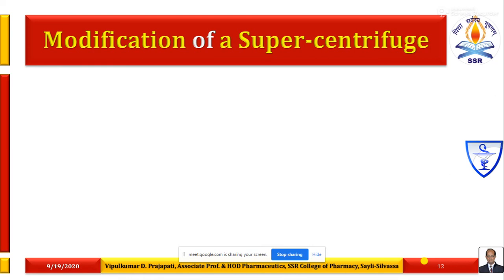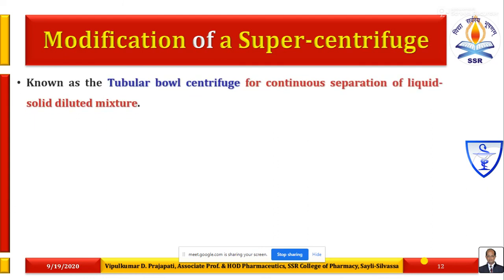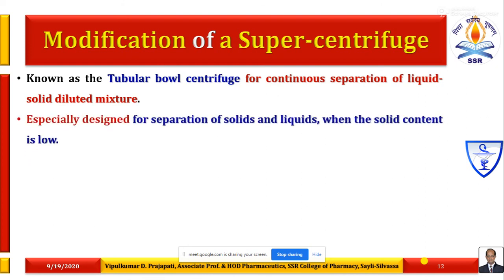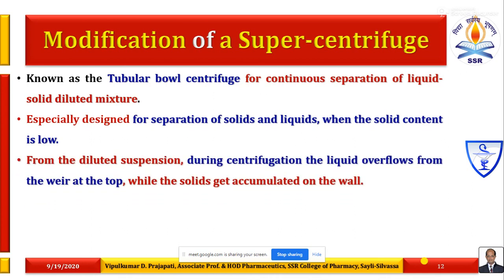Now, what is the modification of a super centrifuge? The modification of the super centrifuge is commonly known as the tubular bowl centrifuge for continuous separation of solid-liquid diluted mixture. It is especially designed for separation of solids and liquids when the solid content is low in the diluted suspension.